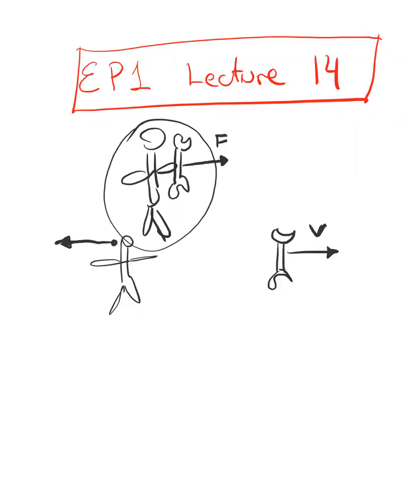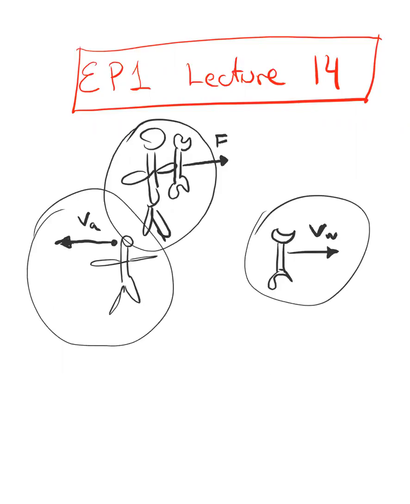Let's call this V sub W, and let's call this V sub A. Now, I don't really know how much force the astronaut applied, and this force probably varied in time. But after this interaction happened, both of them are flying. There are no other objects in space, so they will continue flying with constant velocity. And I want to see if there is a way for me to say something about these velocities, the velocity of the astronaut and the velocity of the wrench.